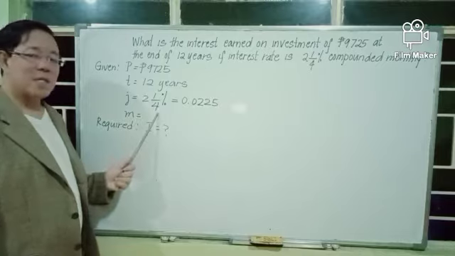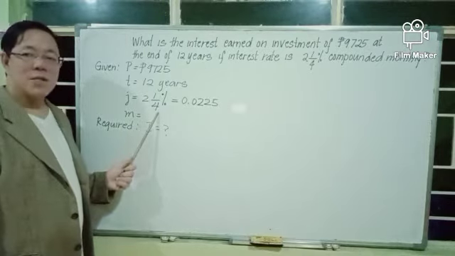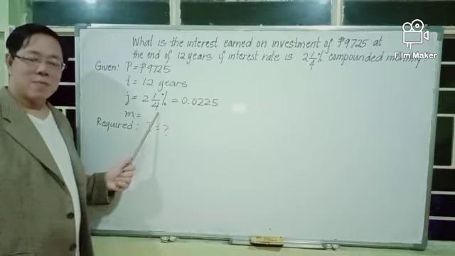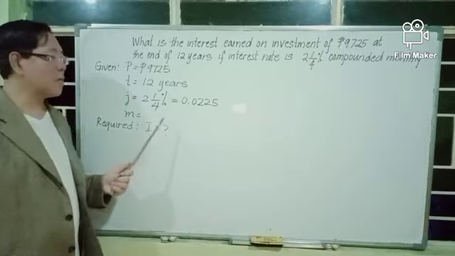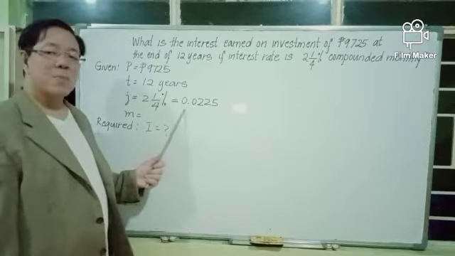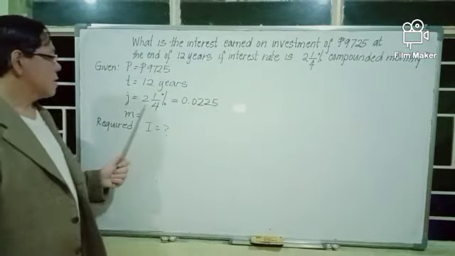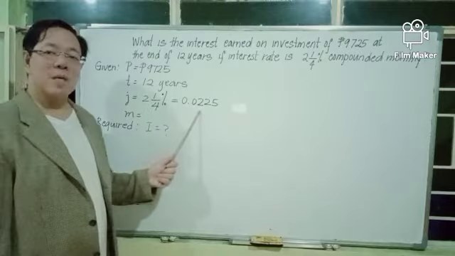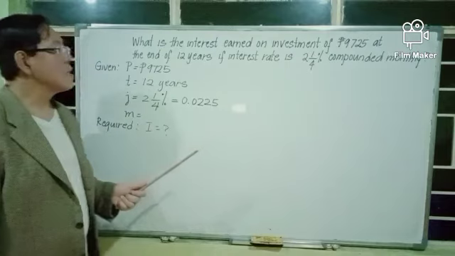And in your calculator, you divide 2.25 by 100 to convert to decimal. 2.25 divided by 100 is 0.0225. Hence, the compound interest rate of 2 1/4% in decimal number is 0.0225.